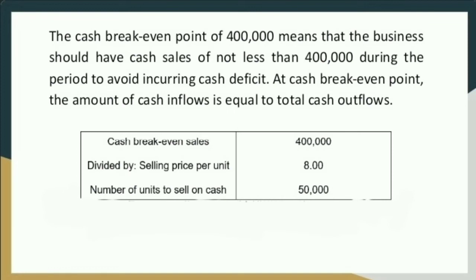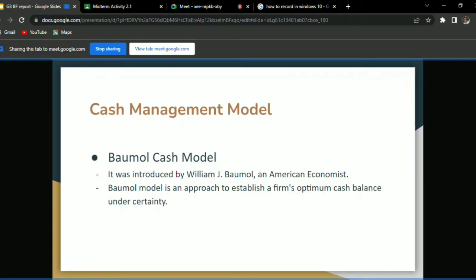So, this means na dapat 50,000 ang number of units na ma-sell nila on cash para maka-generate og 400,000 na cash sales. So, if ganahan ang business na maka-generate og mas dako pa na cash sales, then ang ilang i-adjust is ang selling price per unit na ilang patasan.